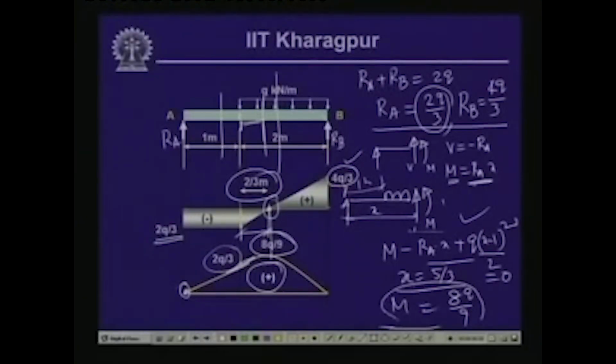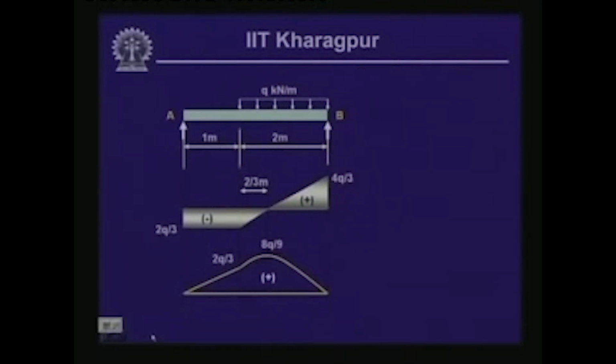Now, once we have that particular information, then we can compute the stress based on the cross sectional information that we have. So, first step we have done, that we have now known the maximum bending moment is equal to 8Q by 9.